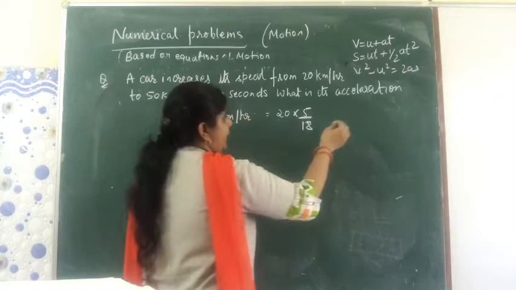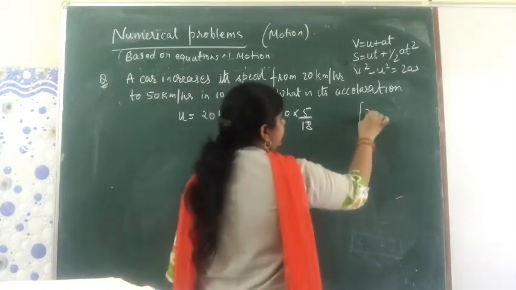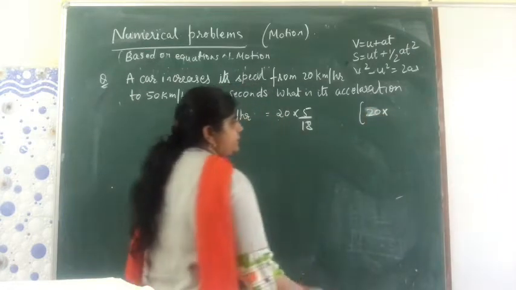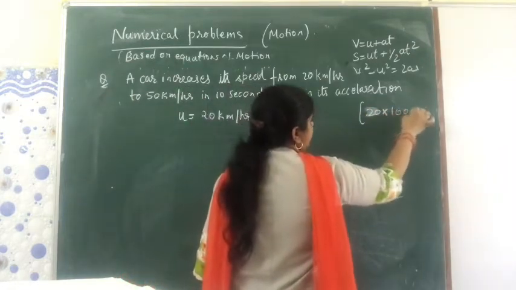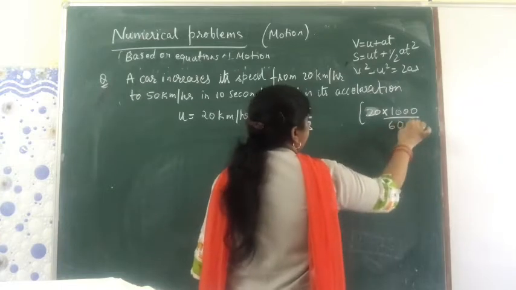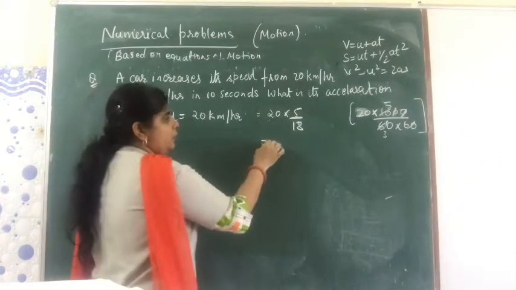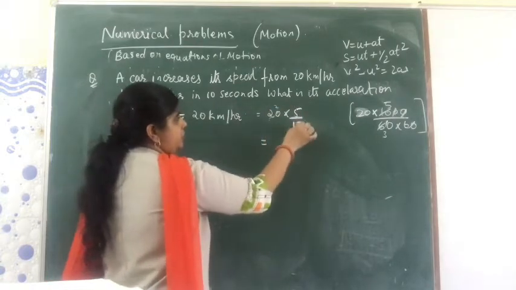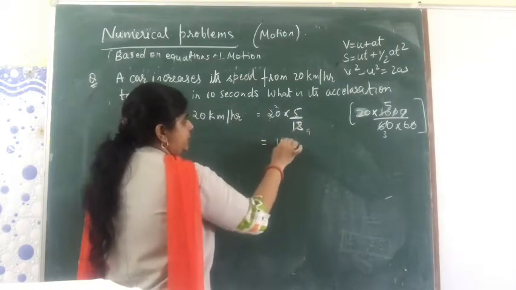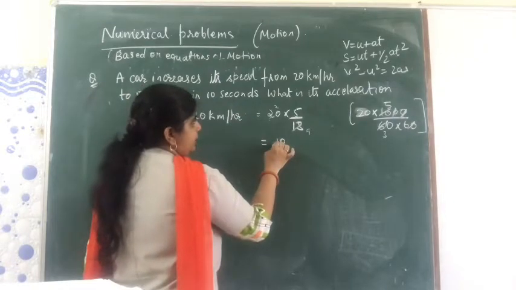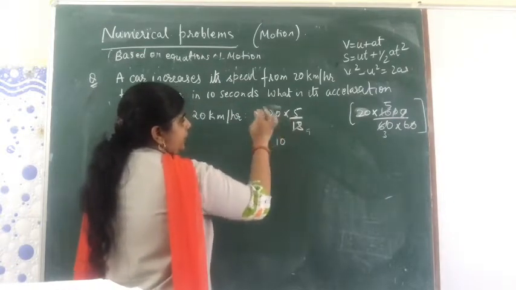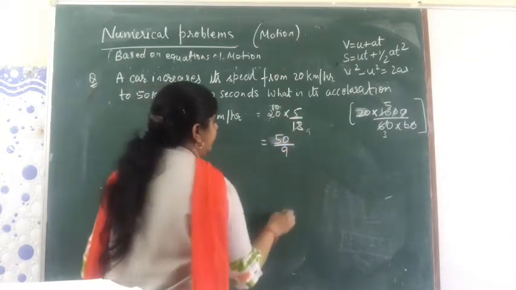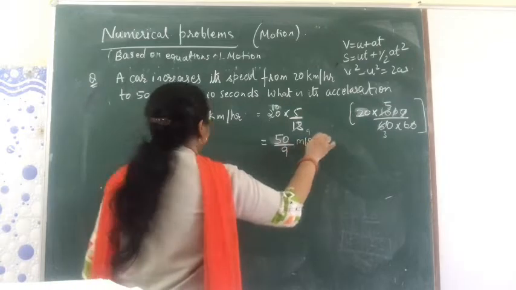You multiply whatever number you have by 1000 upon 60 into 60. You can cut it by 2, so this becomes 2 and this is 9. So 5 twos are 10, this will be 50 upon 9 meter per second.